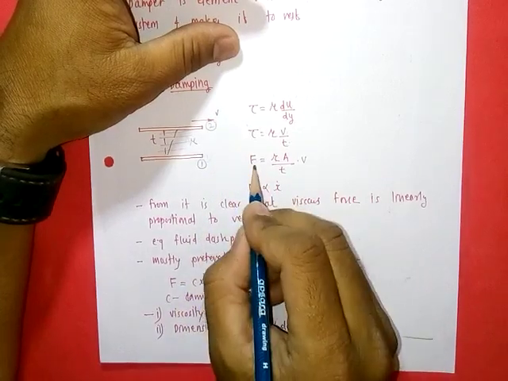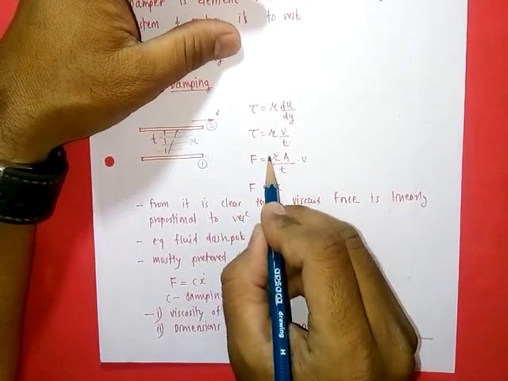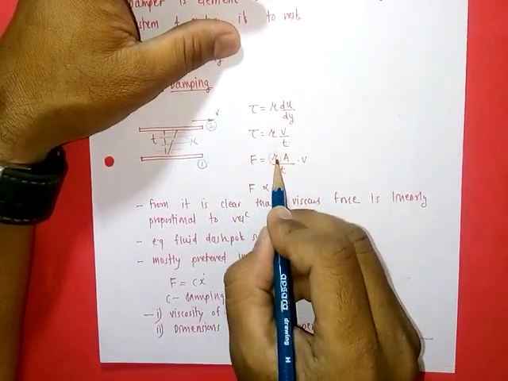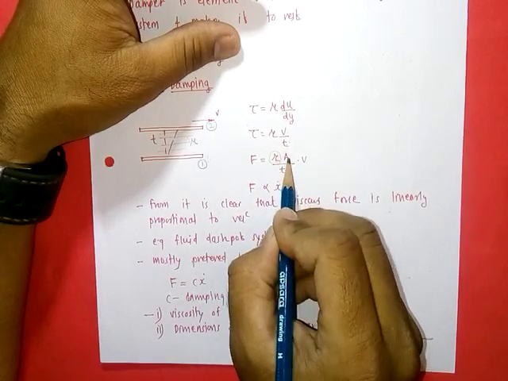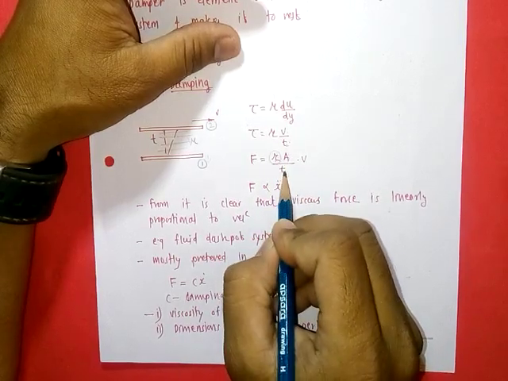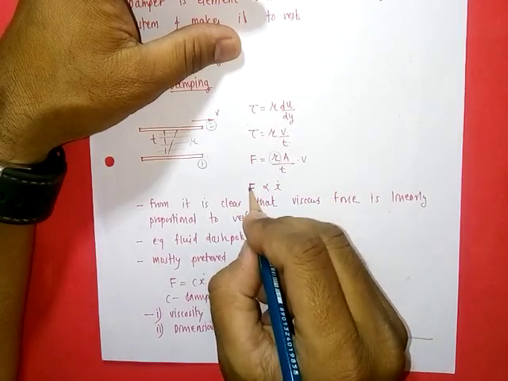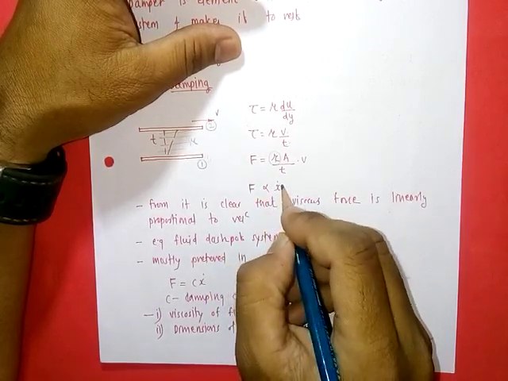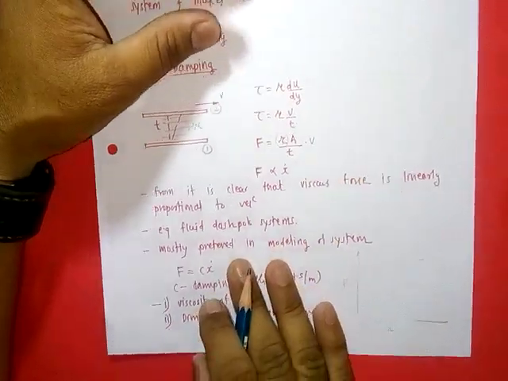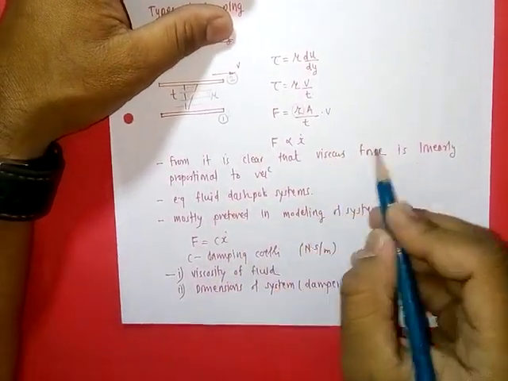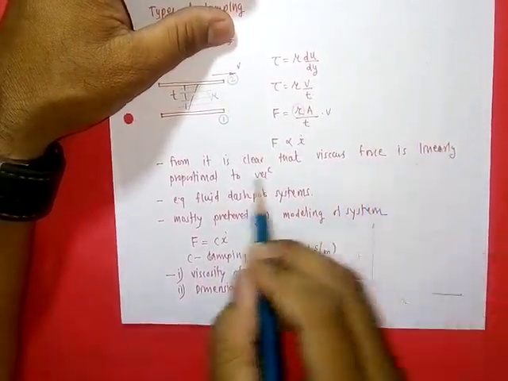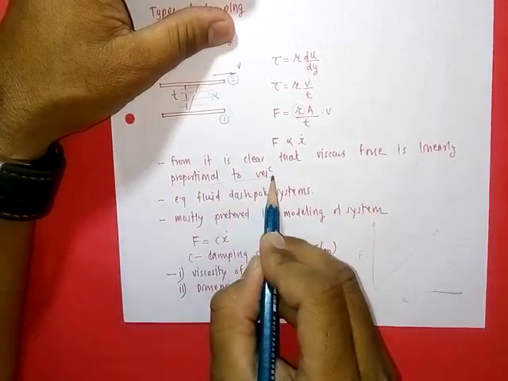For a given system, mu of the fluid is constant, so viscosity is constant, area is constant, and thickness is constant for given dimensions. So this resisting force is proportional to velocity. It means the viscous force or resisting force is linearly proportional to velocity.